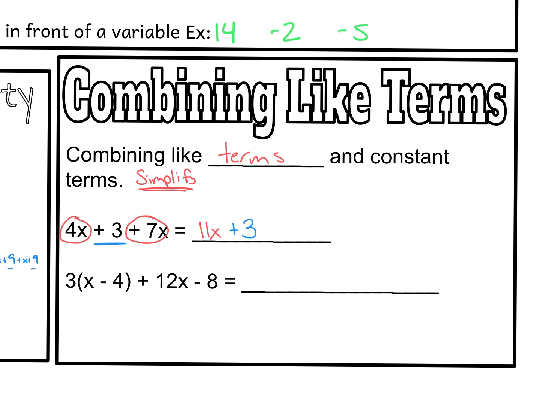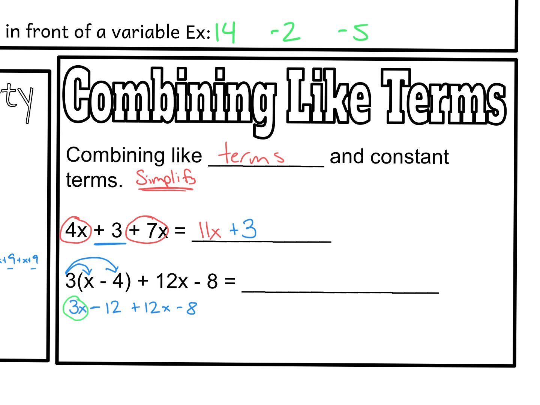All right, hopefully you remembered that with parentheses we're going to do those first. We're actually going to distribute first. So I'm going to take 3 times x, which is 3x, and then 3 times negative 4 is negative 12. And now I'm going to just bring down the rest of my expression. I'm going to look for my like terms.